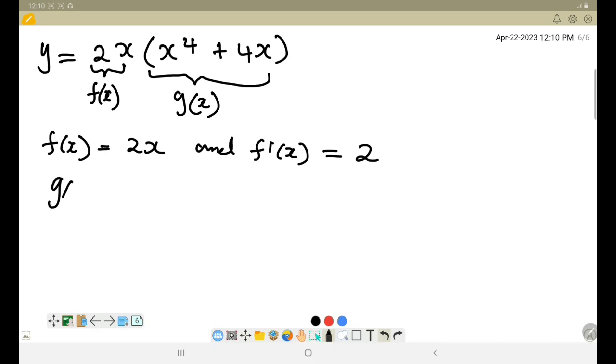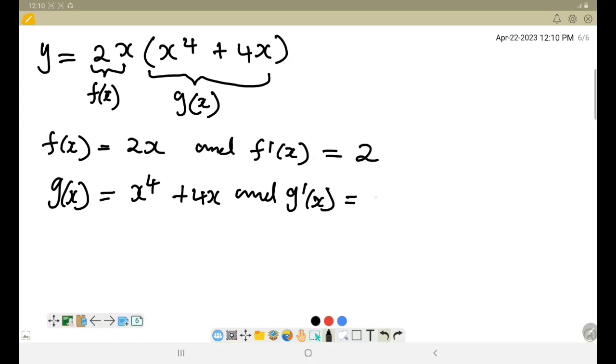And then the other one, we call it g, is x to the power 4 plus 4x. And g prime now gives 4x cubed plus 4.